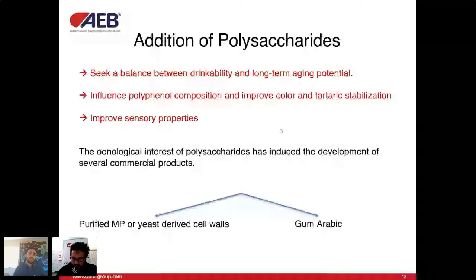And in wine, two types of polysaccharide are allowed, and the first one are derived from yeast, that are usually yeast mannoprotein and yeast-derived products, and the other come from a plant that is the acacia, and the product from the acacia is gum arabic.